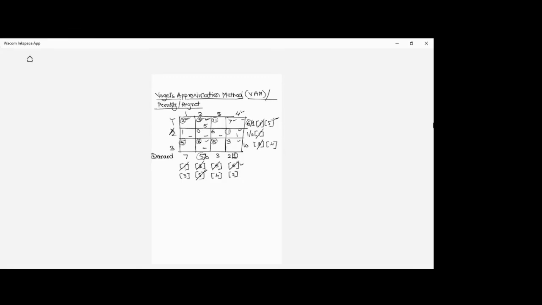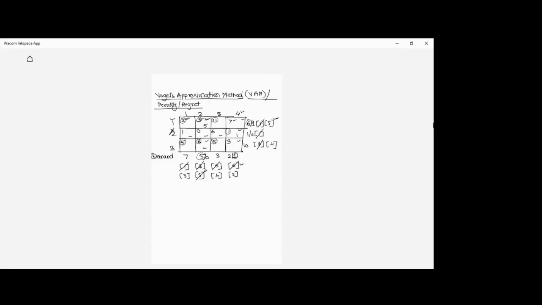So for this penalty, we are going to do the allocation. The least value cell that we have for this row is 2. Okay, so the least value cell that we have here is 2.